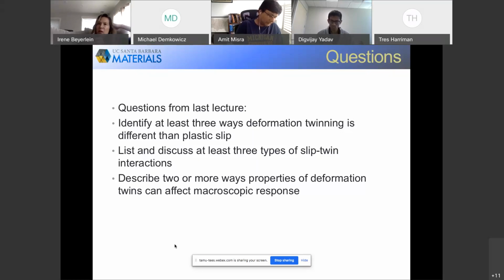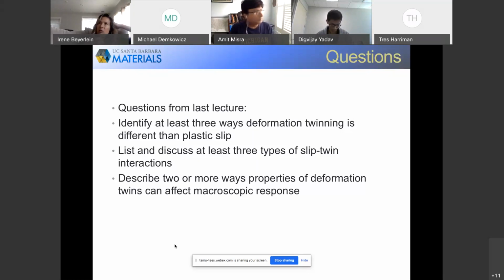But the theory would be that the shape is determined by a balance between the elastic energy that the twin shear provides and the interfacial energy between the twin matrix interface.